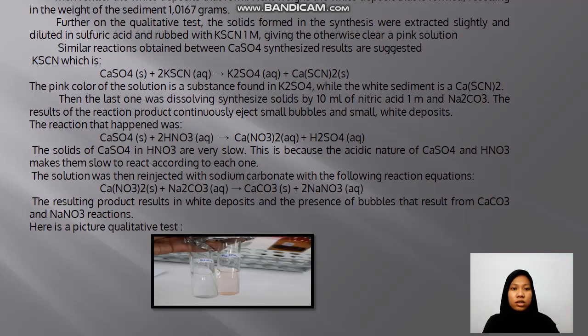Further, on the qualitative test, the solid formed in the synthesis was taken slightly and dissolved in sulfuric acid and dripped with KSCN 1 M, giving a pink solution from the otherwise clear one. A similar reaction was obtained between the CaSO4 synthesis result and KSCN.